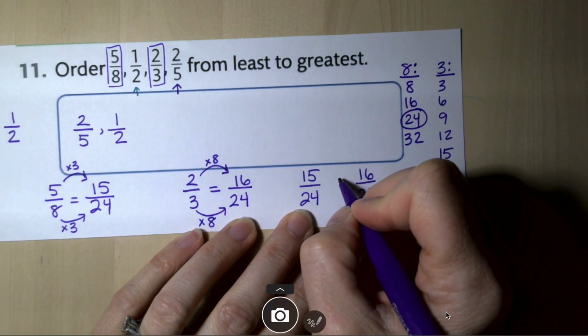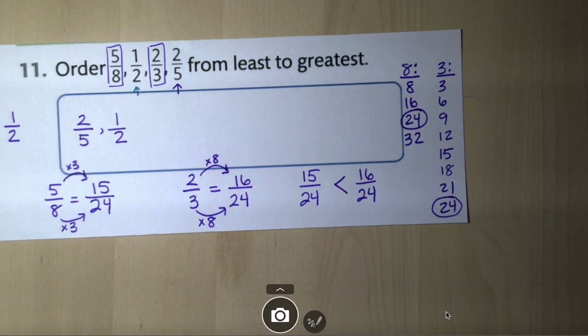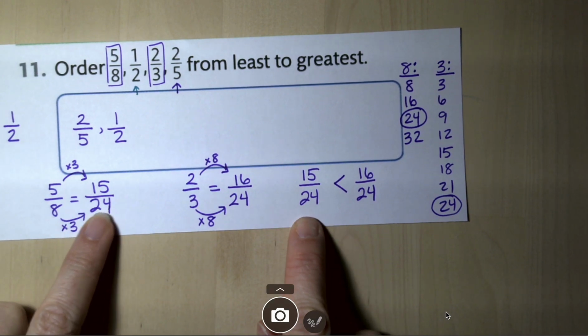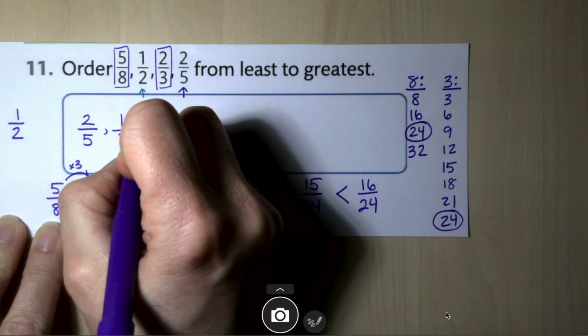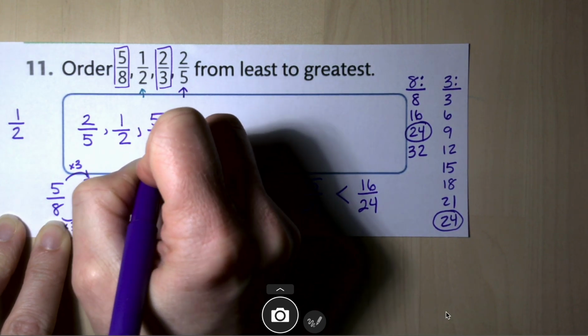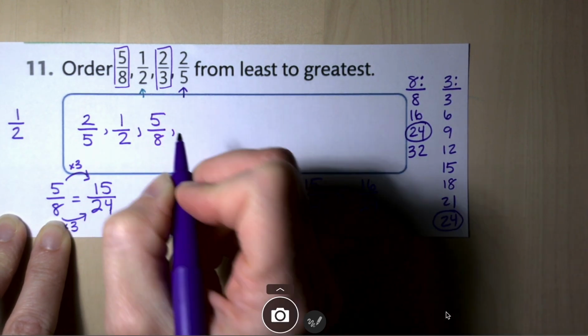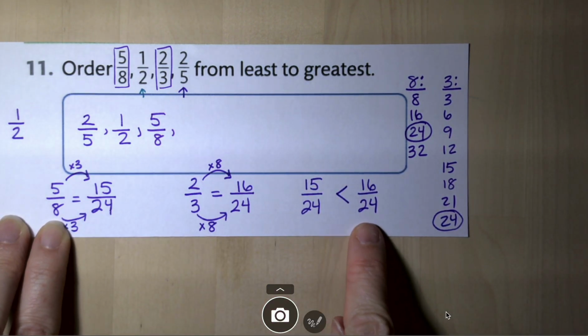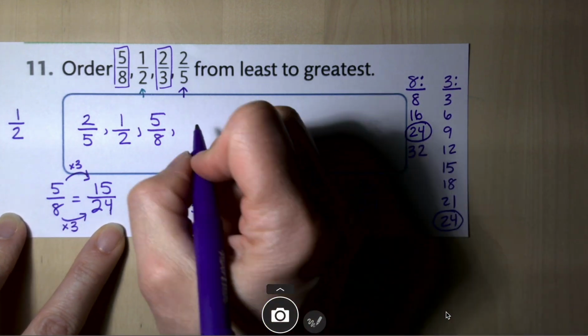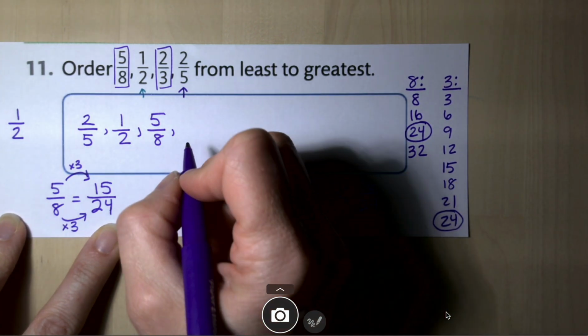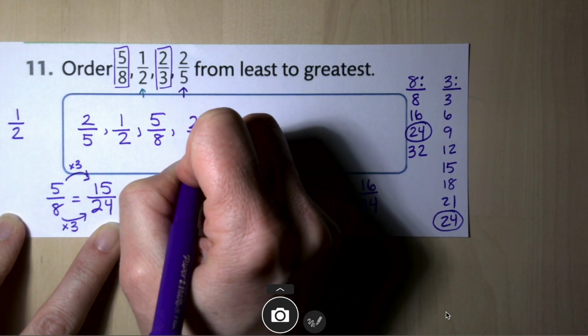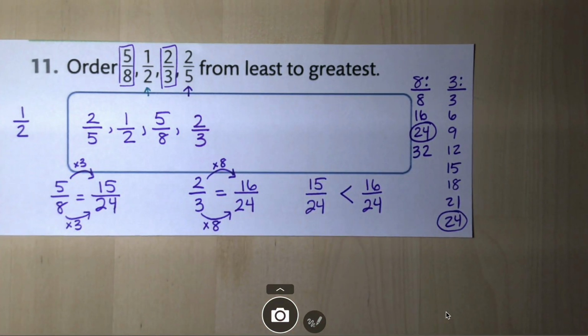And I can see that 15 24ths is less than 16 24ths. So 15 24ths was equivalent to 5/8. That fraction comes next. And my greatest fraction is 16 24ths, which was the same thing as 2/3. So 2/3 is my greatest fraction.